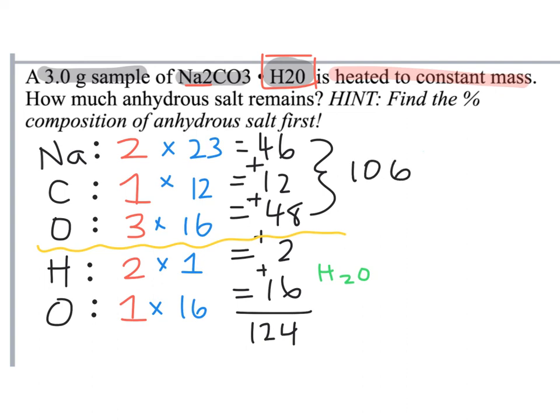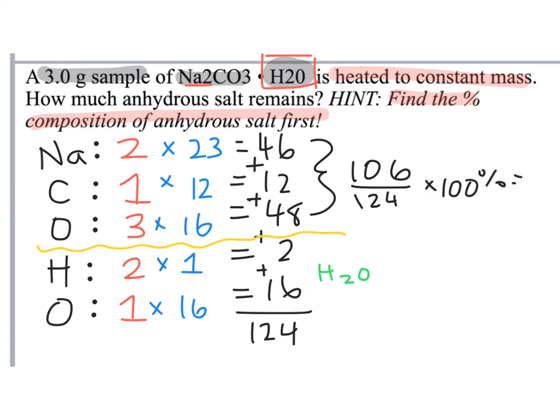And since we want to find out the percent composition of the anhydrous salt, we're going to say we have to take this, which is our part, divide it by the whole, which is going to be this 124 from down here, and multiply it times 100%.